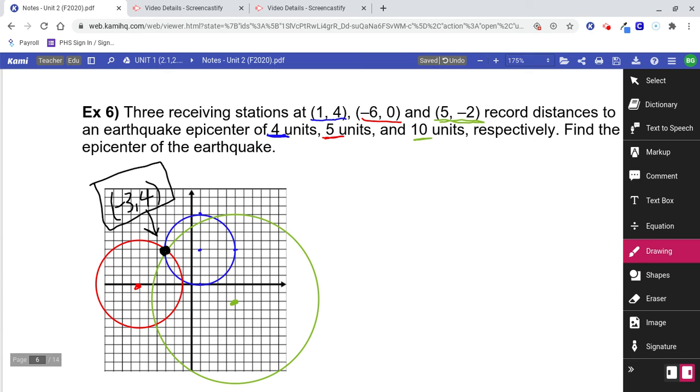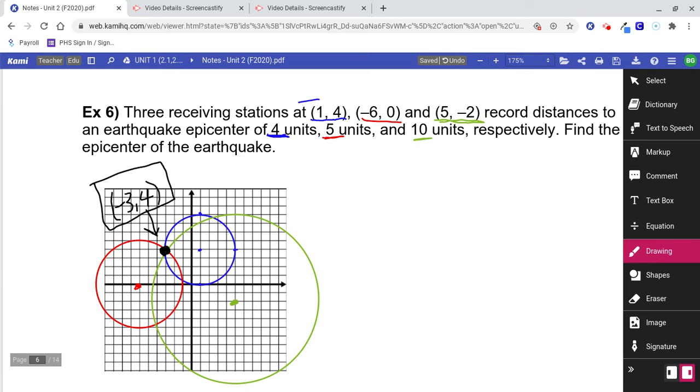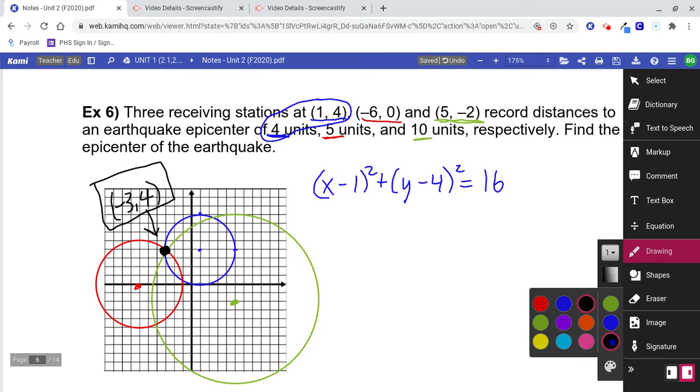Okay. So really what we should do is solve this algebraically. So take that blue one and look at this information. We should have an equation, (x minus 1) squared plus (y minus 4) squared equals 4 squared, which is 16. That's the equation of that blue circle. So plug in (-3, 4) and see if it works.